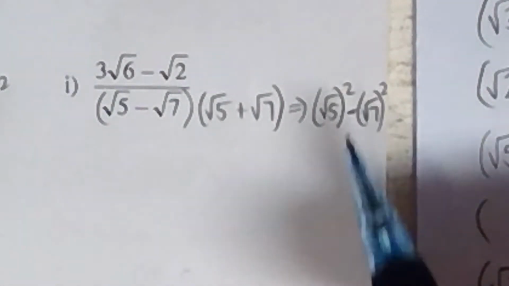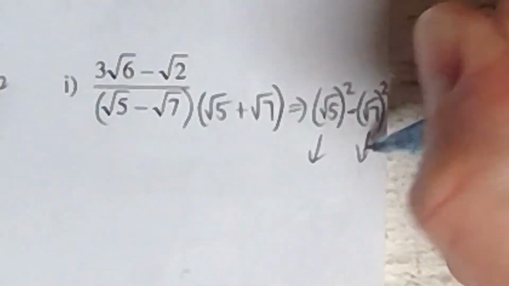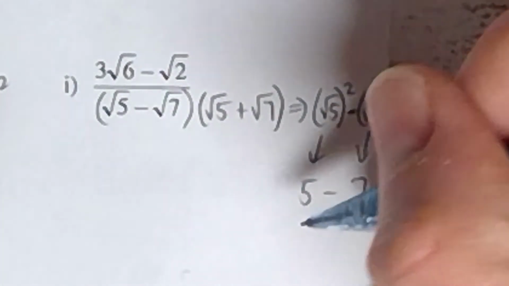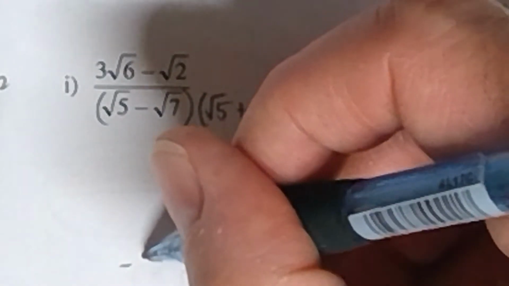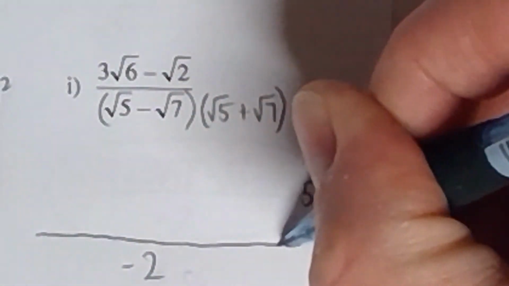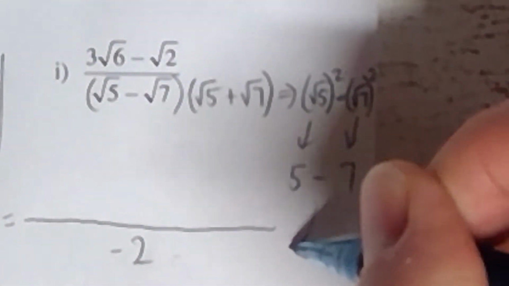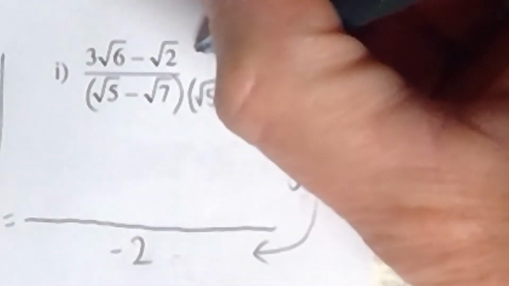Square root of 5 minus square root of 7, and that is, as we just found out, 5 minus 7, which is negative 2, our brand new denominator. Again, our numerator is going to be kind of big, so that's why I made the fraction bar so large. Okay, like that. Yeah, the negative 2 goes down there. All right.